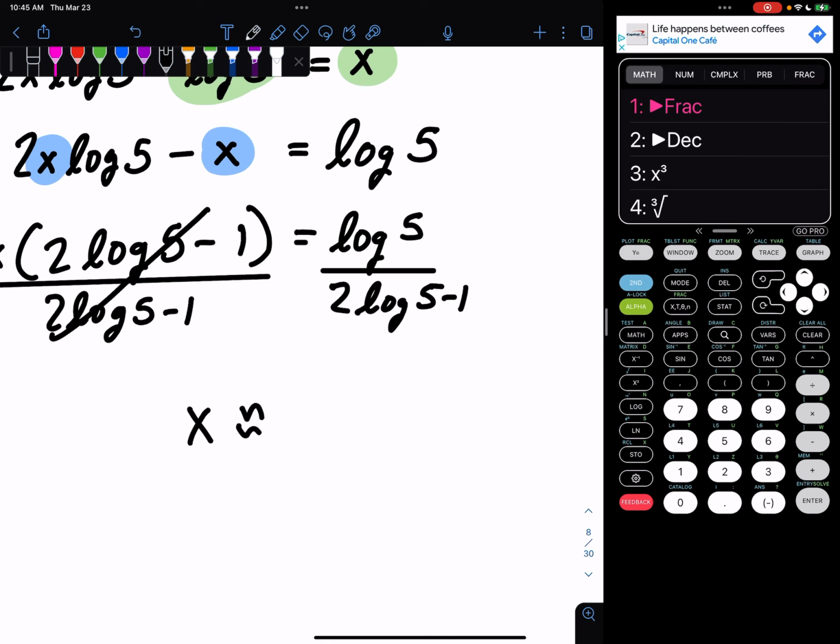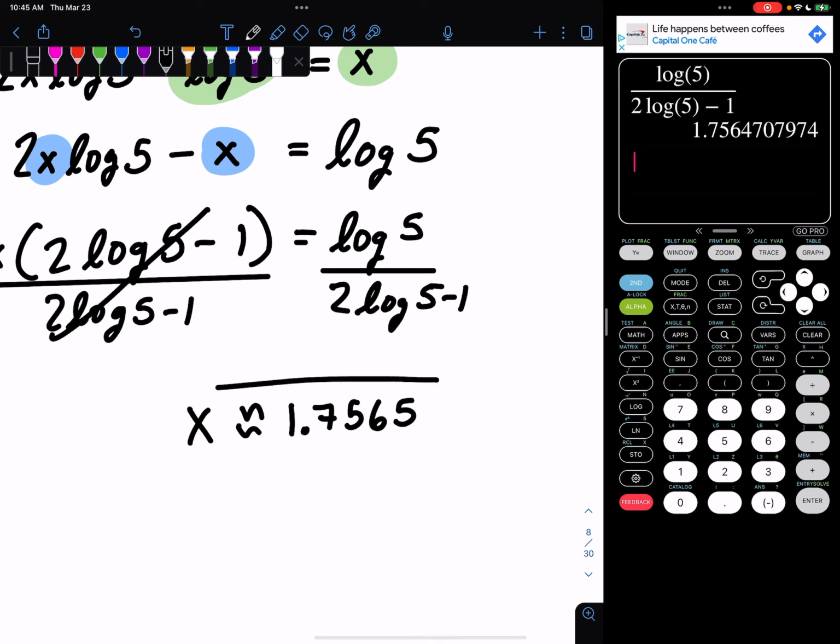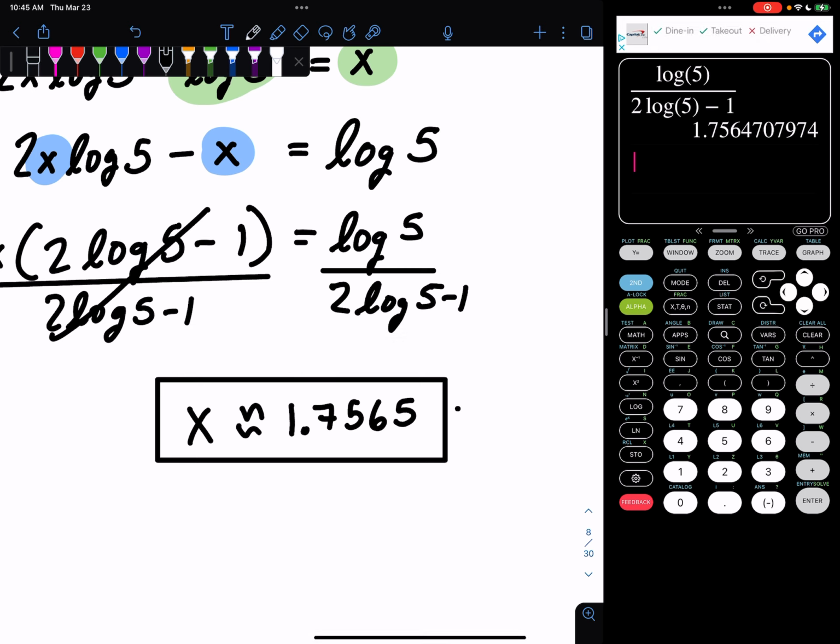Math, alpha frac. Log 5 all over 2 log 5, close it, minus 1. So, approximately 1.755. There we go.